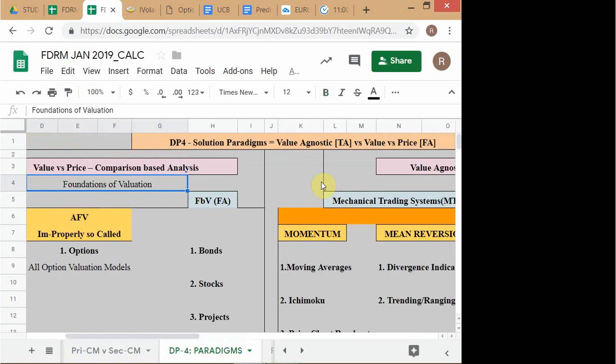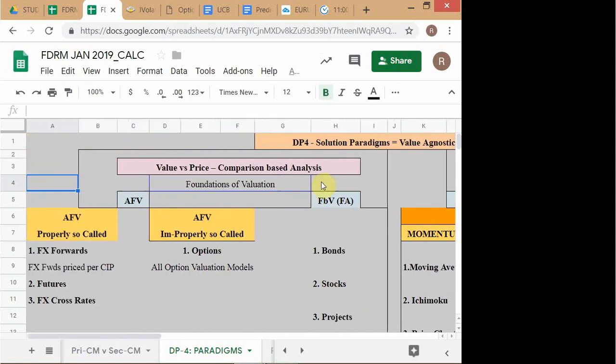Now contrast TA with what I call the value versus price comparison based analysis. In the other approach, one approach is to completely forget about value, be agnostic about value, just look at price and do the job with TA. The other approach is based on a comparison between price and value. This is the other approach to solving the buy-sell problem.